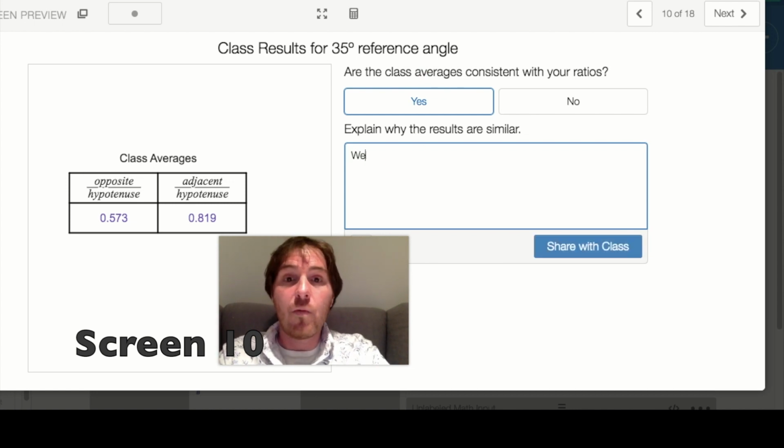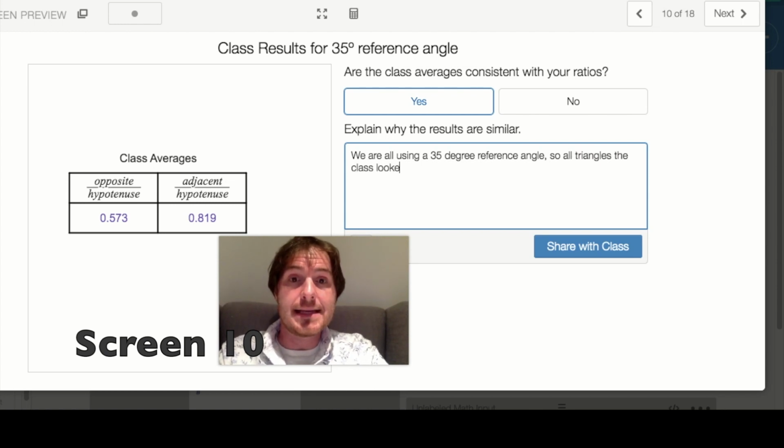Well, we are all using a 35-degree reference angle. So all triangles the class looked at are similar by AA.